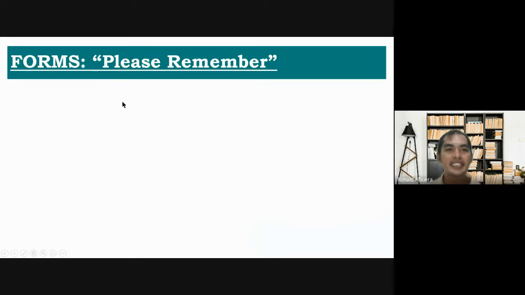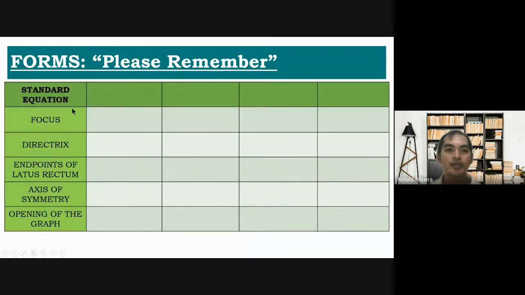But before the example, we have here the forms that you should remember. So, the standard equation, then some of the characteristics: the focus, the directrix, the endpoints of the latus rectum, the axis of symmetry, and the opening of the graph.